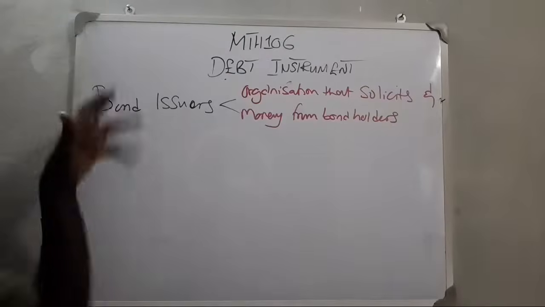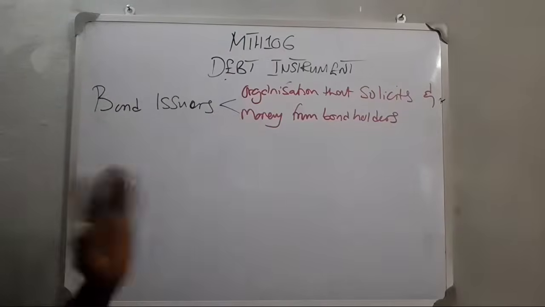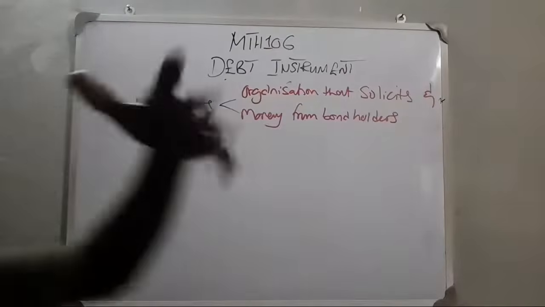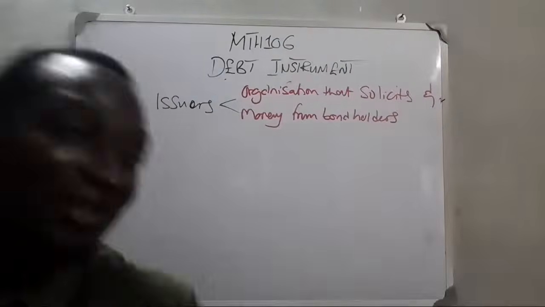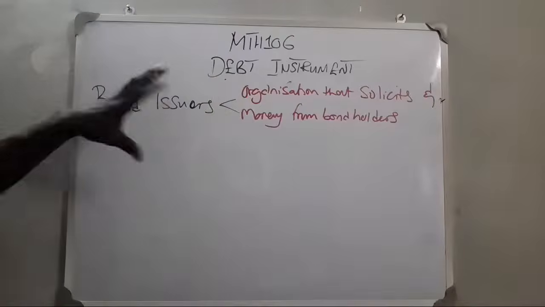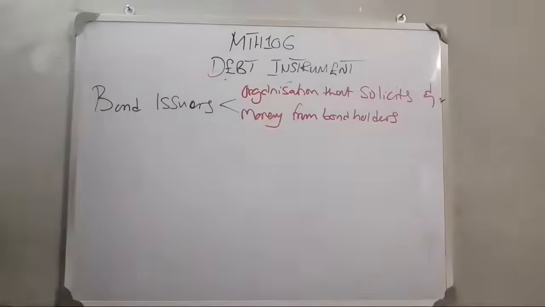So the bond issuer in this case is referred to as the school that needs an external hand, which is the cafeteria, to come and run its cafeteria.